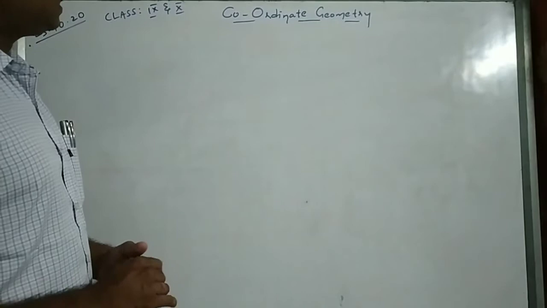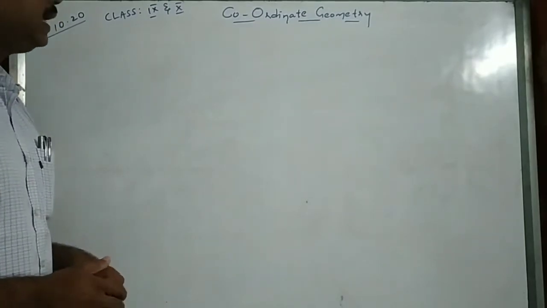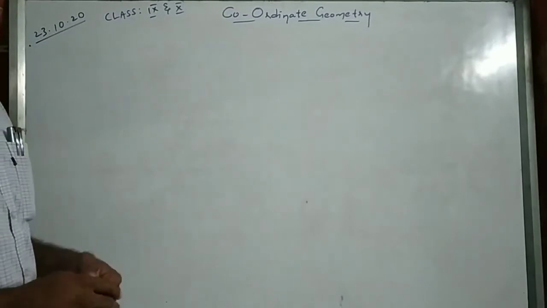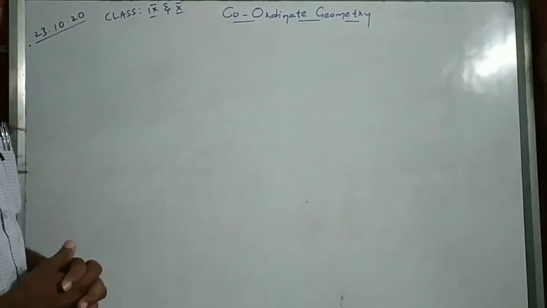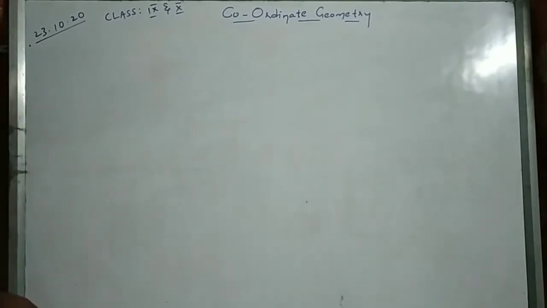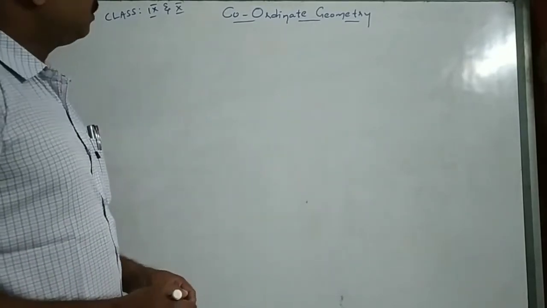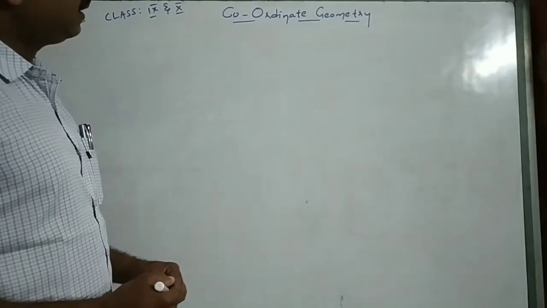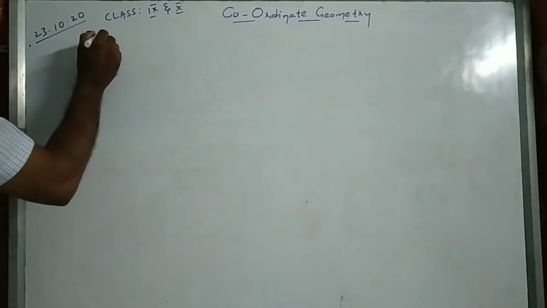In the previous class, we have seen some concepts of coordinate geometry. Already we have discussed the introduction on coordinate geometry. So today, I am going to give you revision in coordinate geometry, that is ratio formula.